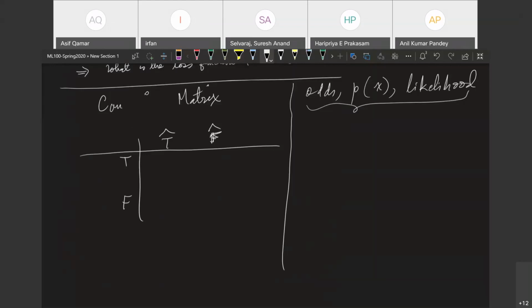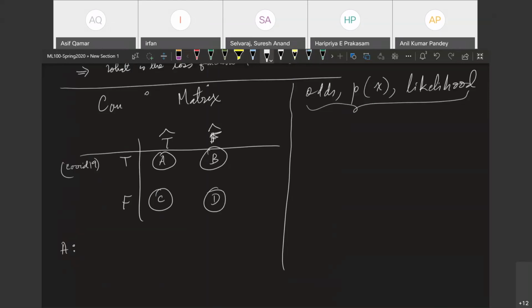So this, we'll give a name. Let me just call it A, B, C, D. So what is A? Is it true positive? Suppose in this situation, is it true positive? So just to put a meaning to this, let me put something. We are testing for COVID, let us say COVID-19.